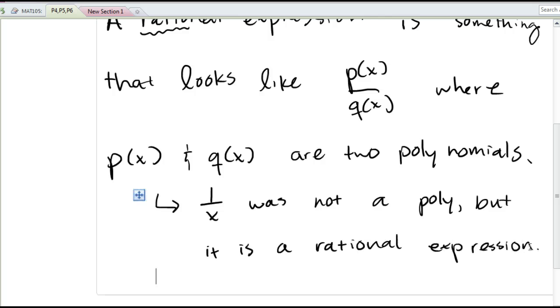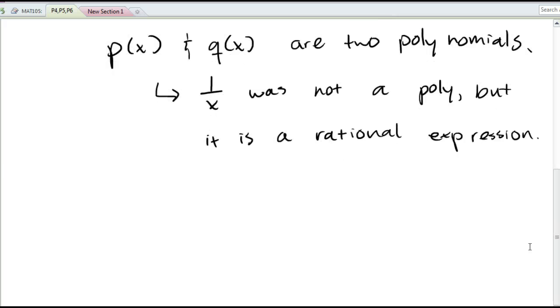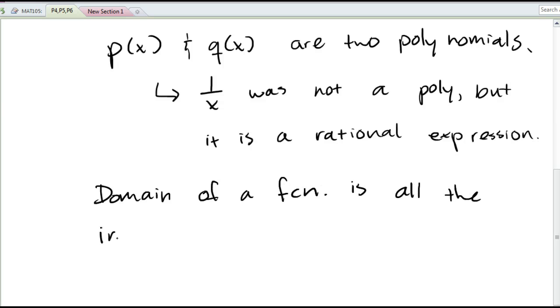We'll also start to talk about domains. So what is the domain? The domain of a function is all the inputs that make sense.